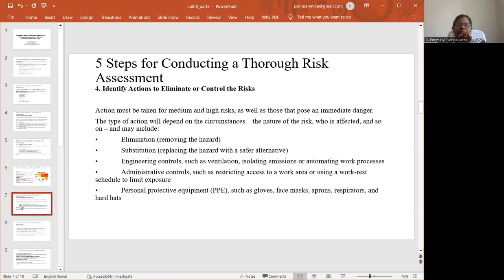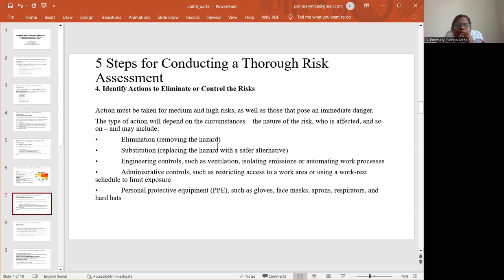The fourth one is to identify action to eliminate or control the risk. So we have to identify the action. Suppose the risk has happened, how to eliminate that? We have to remove the hazard, or replace the hazard with a safer alternative. If there is a problem in one room, maybe you can change it to another room.